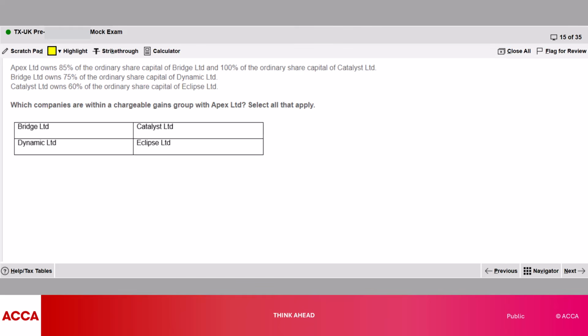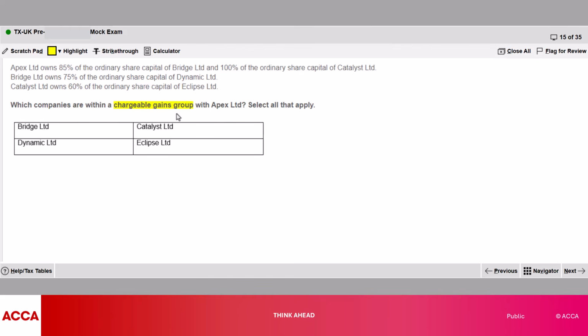The final question that I want to look at from section A is question 15. And question 15 is about groups of companies for corporation tax. This can be a slightly challenging area, and you do need to remember the percentages that are needed to form the different types of group for tax purposes.